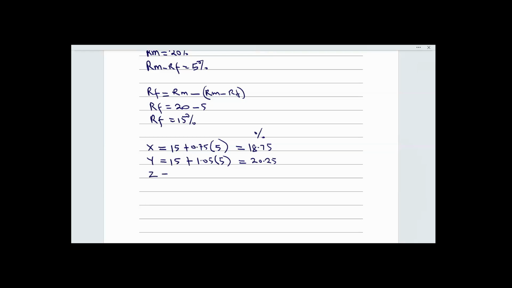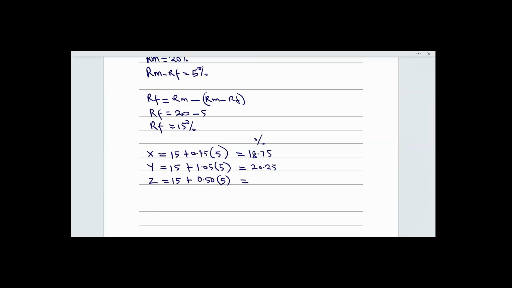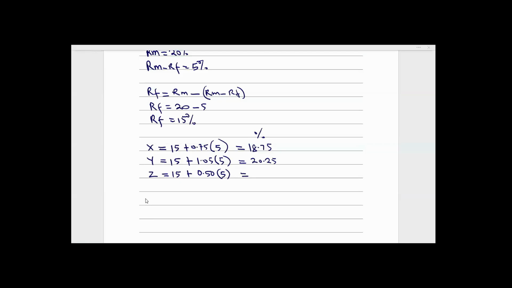Then for security Z, the risk-free rate of return is 15. The beta of security Z is 0.50, multiplied by the risk premium of 5. This should give us 17.5. Let me confirm with the calculator. 0.5 multiplied by 5 plus 15. That's 17.5.